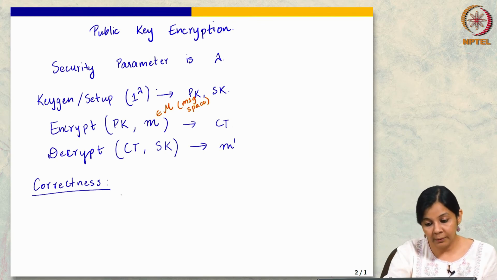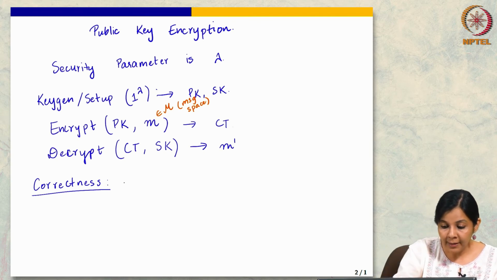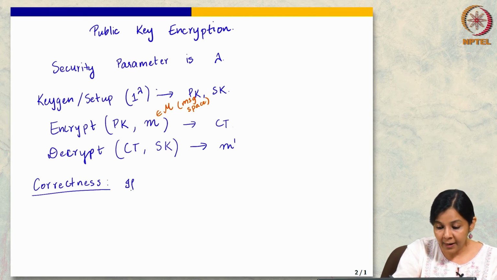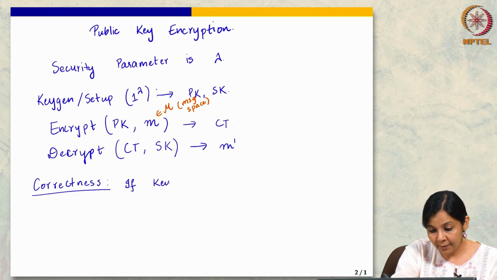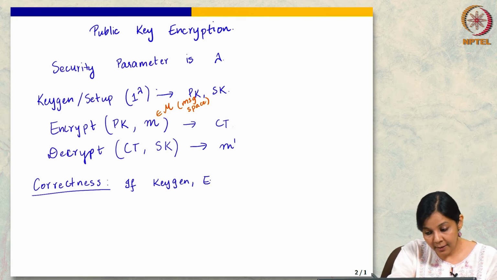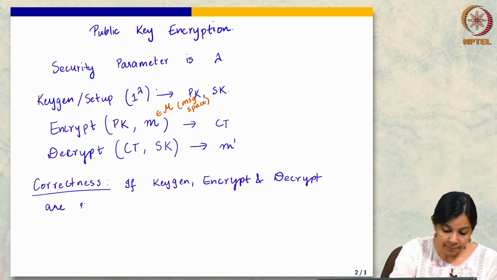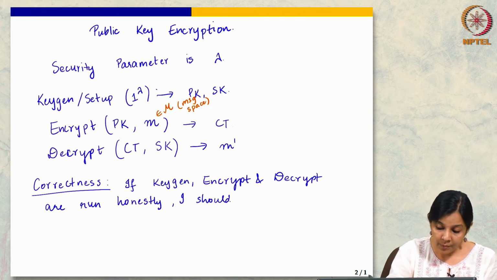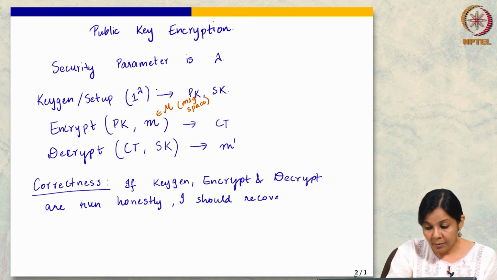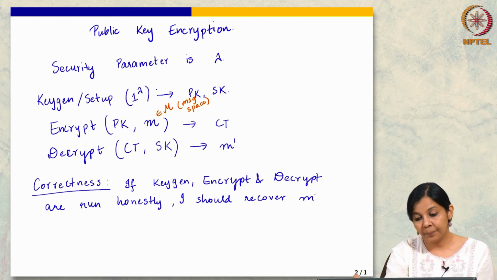I won't write it in full formality, but the basic idea is that if keygen, encrypt and decrypt are run honestly, I should recover M, right.